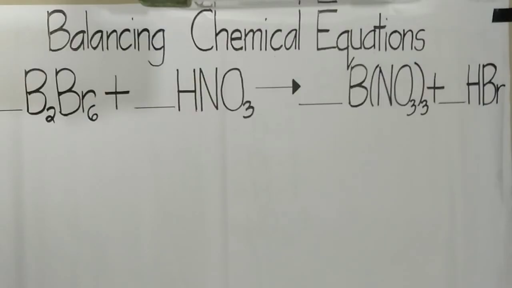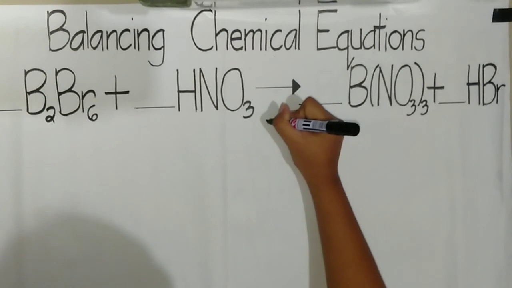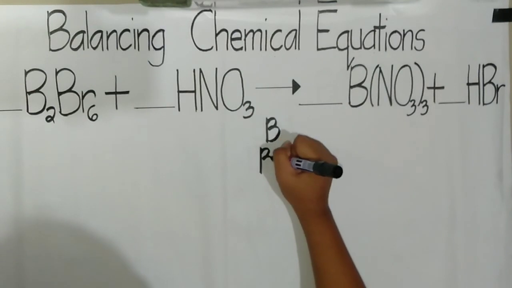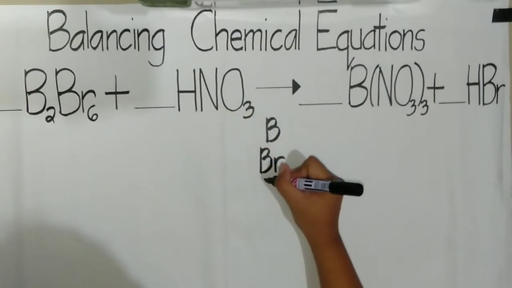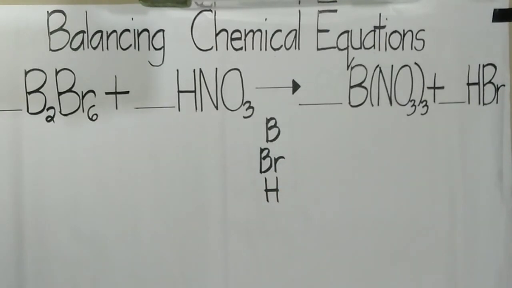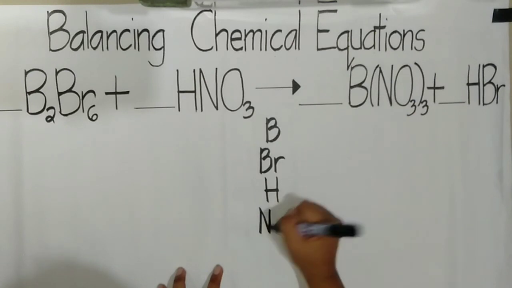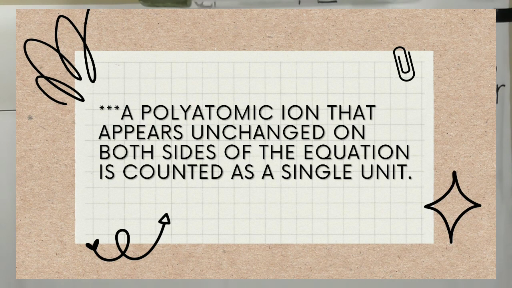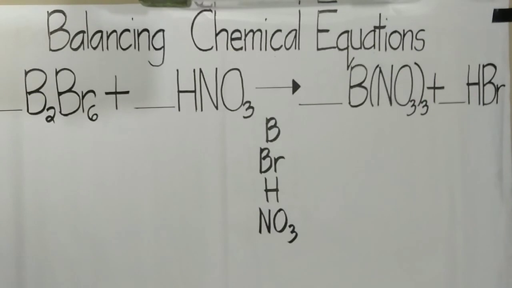So we are going to put here boron, and then bromine, and then hydrogen, and then since we have a polyatomic ion which is nitrate, we are going to put NO3, because you must take note that a polyatomic ion that appears unchanged on both sides of the equation is counted as a single unit. So now we are going to count the total number of atoms or ions of each element.